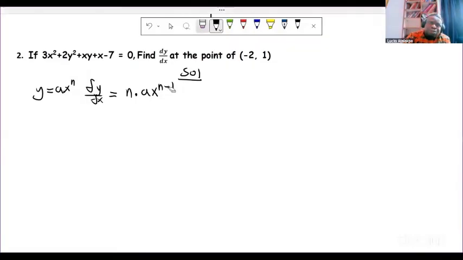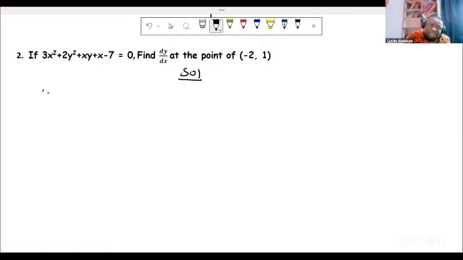We are going to use that model now to differentiate term by term. So I want to differentiate the first term here, which is 3x squared. So I'm going to take 2 times 3.